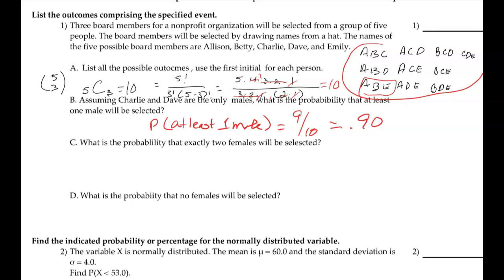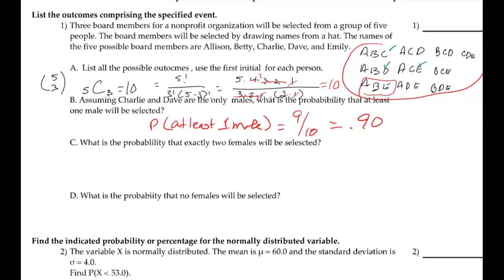What is the probability that exactly 2 females will be selected? So here you have to go through and check off all the ones that have exactly 2 females. Well, remember your females are A, B, and E, and you want 2 of them. Well, there's 2 there. There's 2 there.